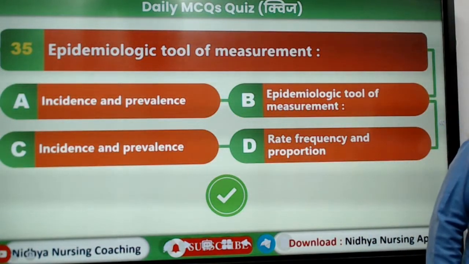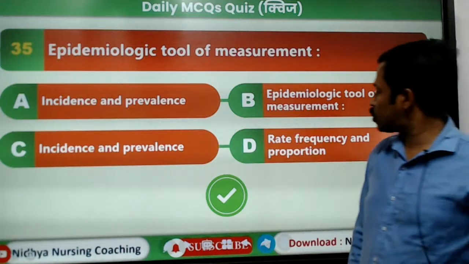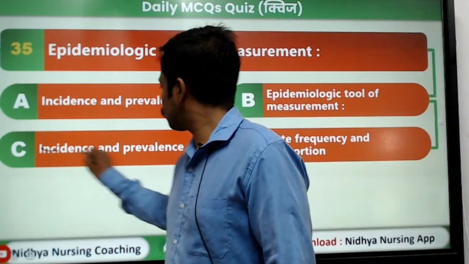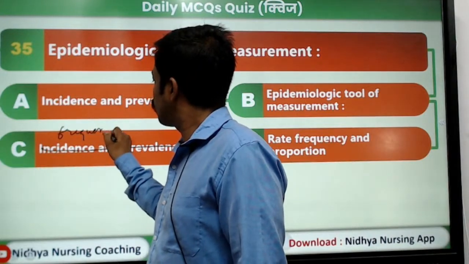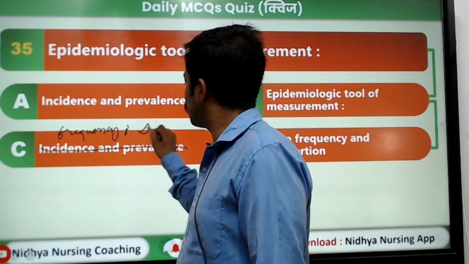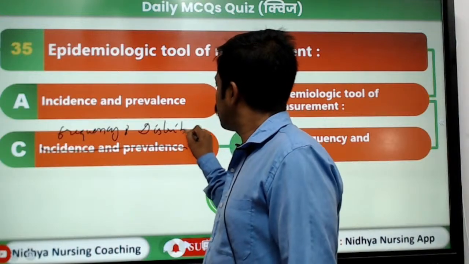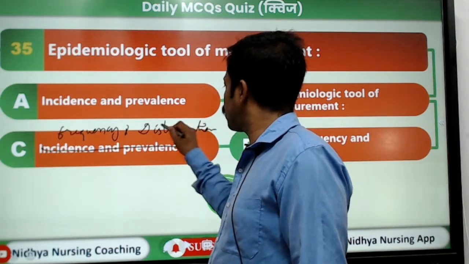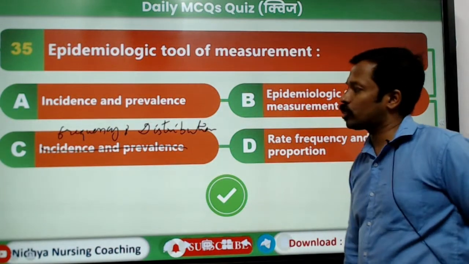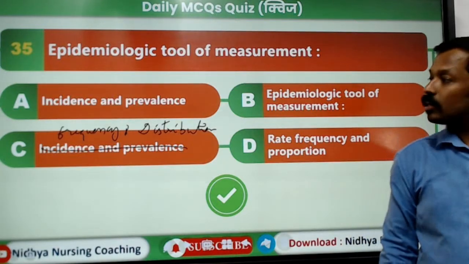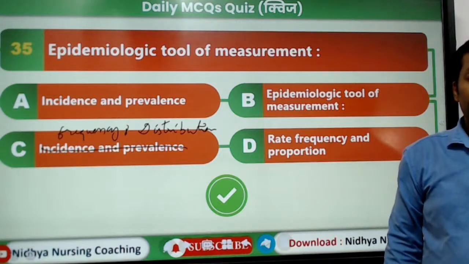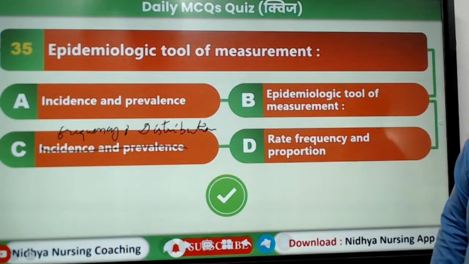A, C and the frequency and distribution.